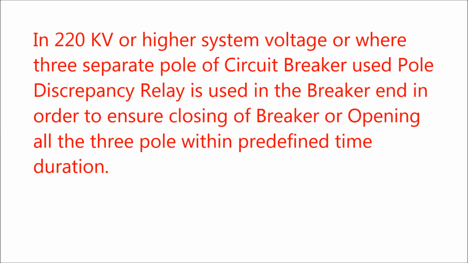Therefore, in 220 kV or higher system voltage, or where three separate poles of circuit breaker are used, a pole discrepancy relay is used at the circuit breaker end in order to ensure closing or opening of all the three poles within a predefined time duration.